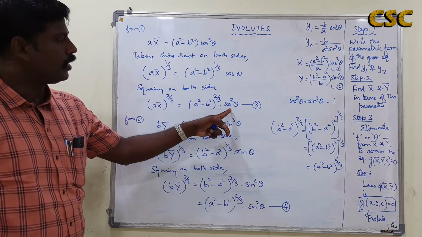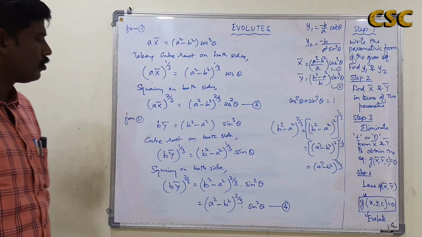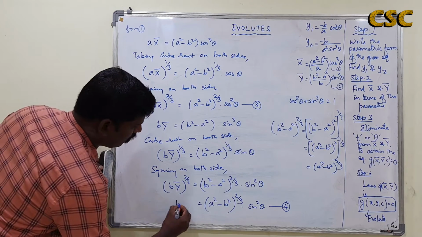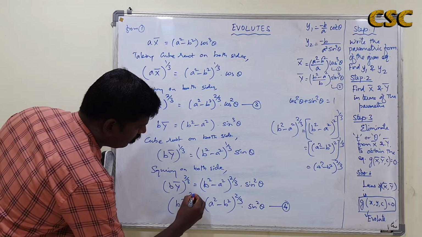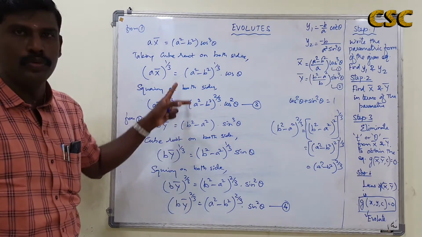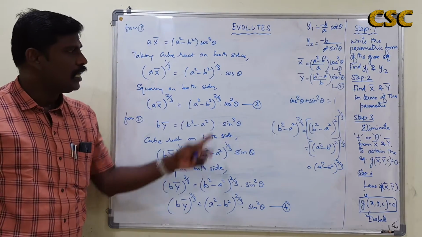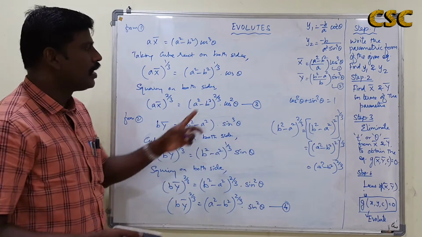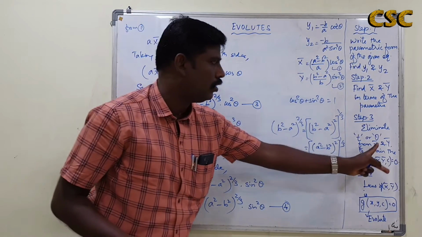Here we can get cos square theta, here sine square theta. Now how to eliminate between the two? Just taking the sum of these two, just adding 3 and 4, you can eliminate the parameter theta, right?